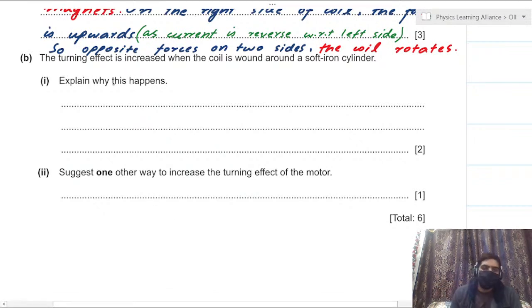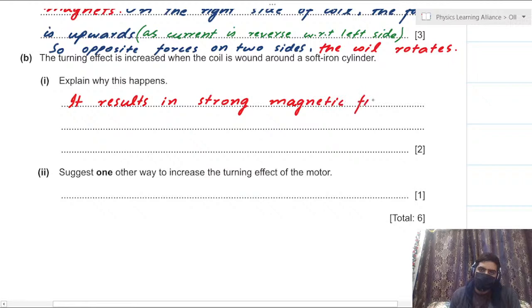First thing you can write: strong magnetic field by acting like a temporary magnet.